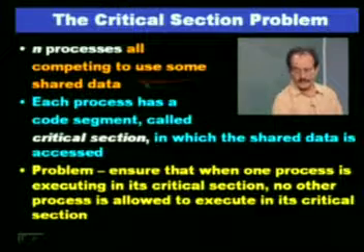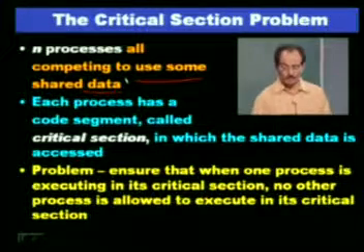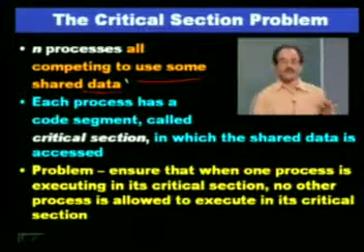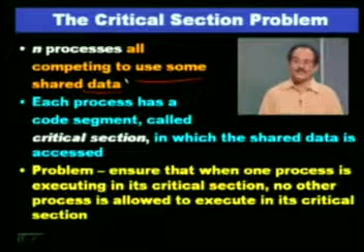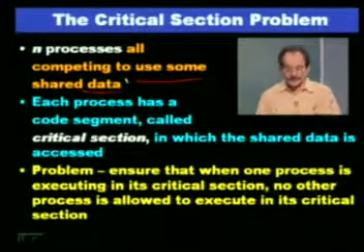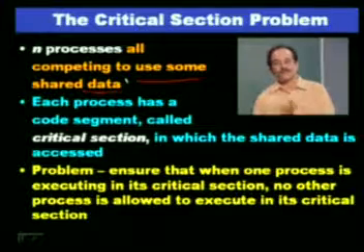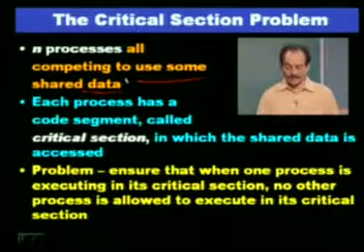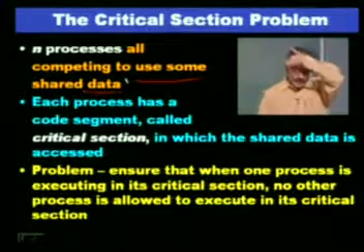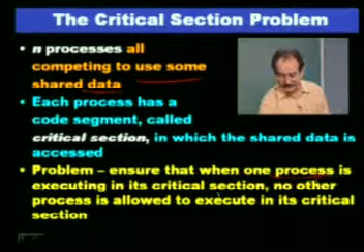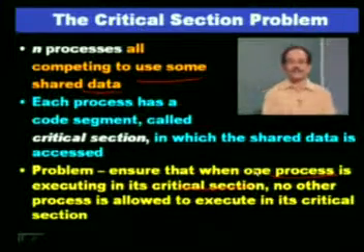Now, there may be n processes all competing to use some shared data. Each of these processes has some segment which is critical to the other processes. What we do is ensure that when one process is in its critical section, the other process should not get into the critical section.